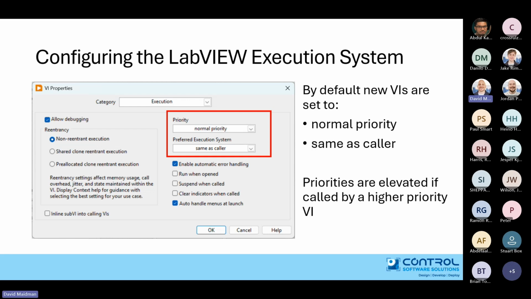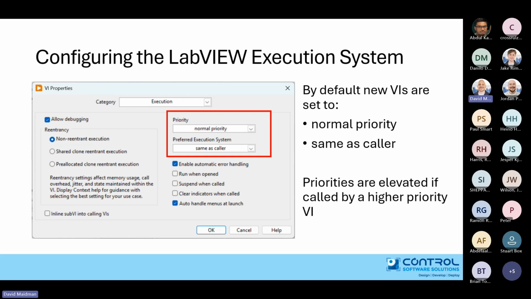So in our VI properties, if we go to execution, this is where we define our priority and preferred execution system. By default, the priority will be set to normal and the execution system will be same as caller.